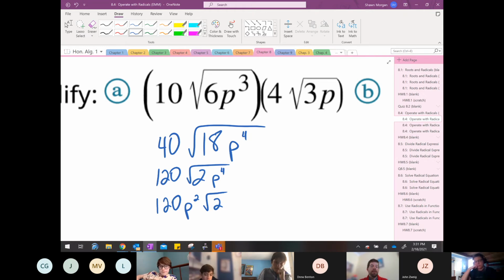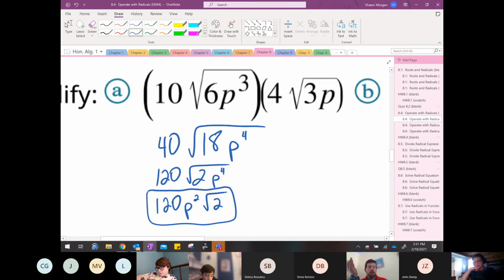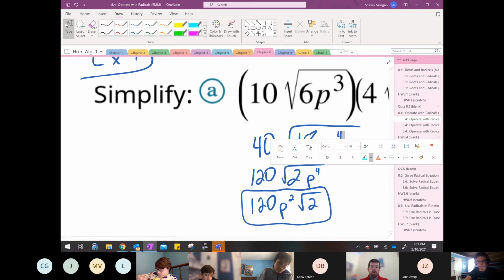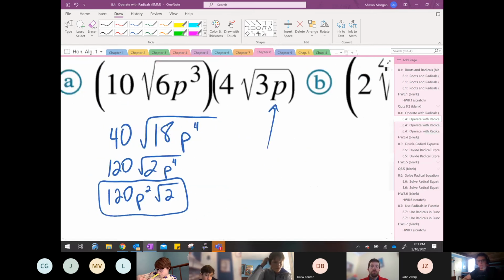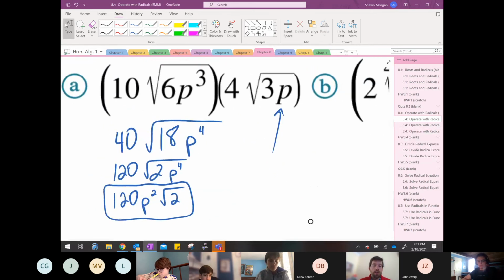Reason number one, at the end of the problem, I've got p squared, which means that by definition, that radical we simplified out, the square root of p to the 4th, was non-negative. And perhaps a secondary way of looking at it is that I've got p inside the radicand to begin with. Therefore p is implied here with a domain restriction such that it is greater than or equal to 0.